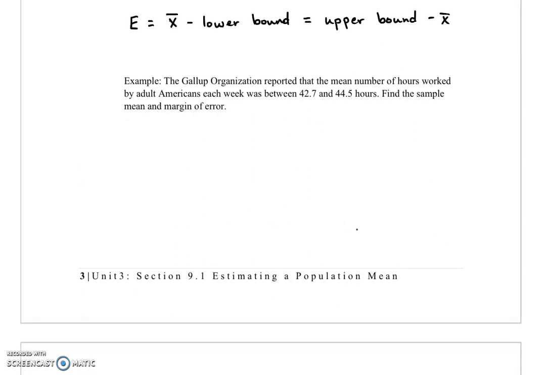The Gallup organization reported that the mean number of hours worked by adult Americans each week was between 42.7 and 44.5 hours. Find the sample mean and margin of error.